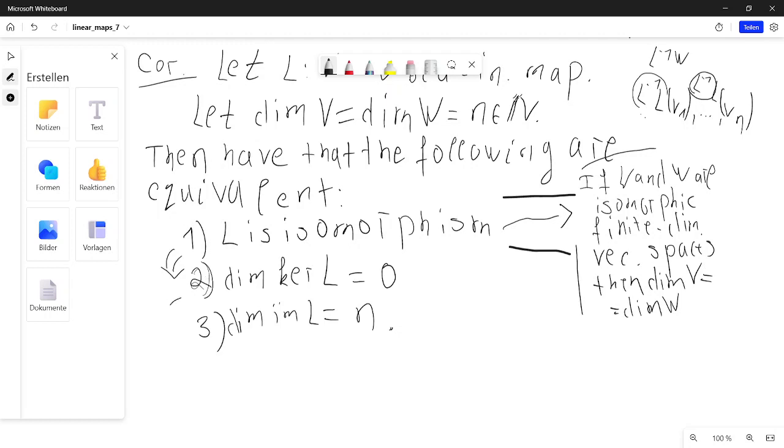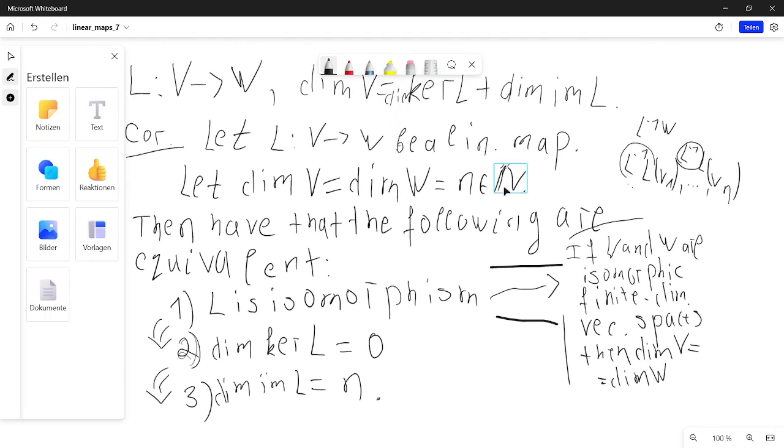Using the dimension formula, we obtain that this is 0, and then the dimension of V is exactly the dimension of the image of L, which is a subspace of W anyway.